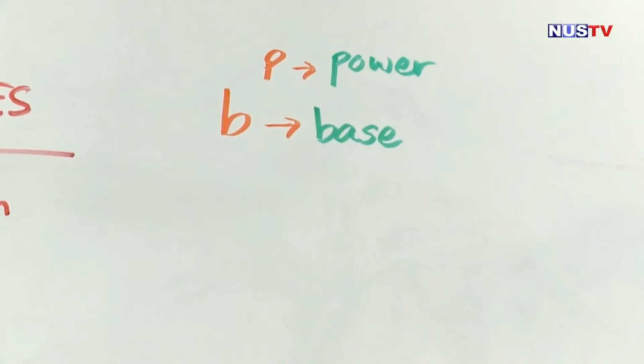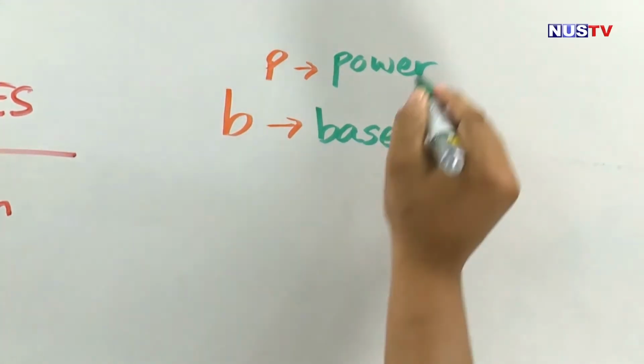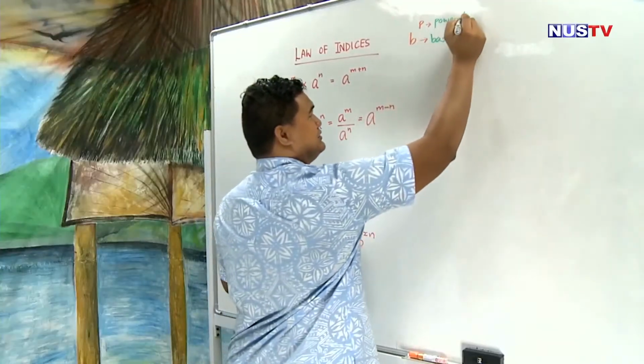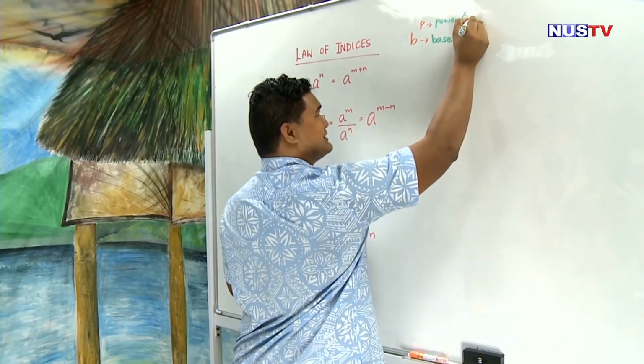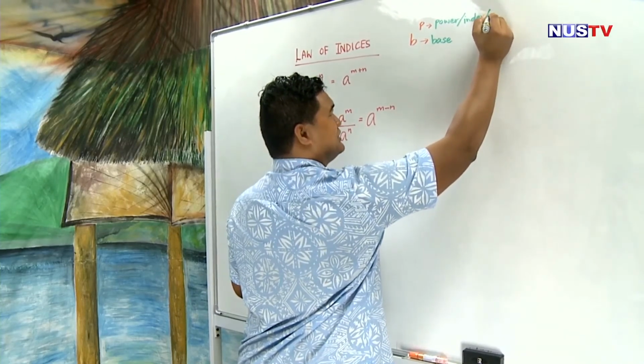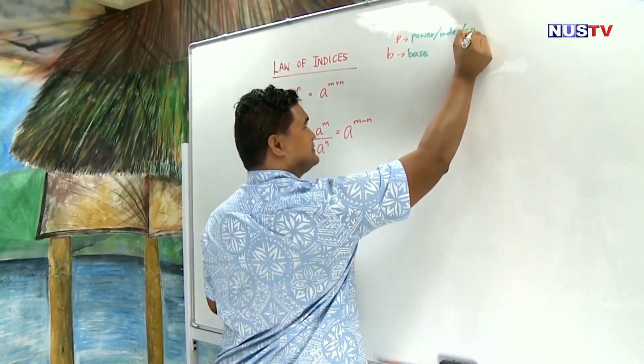Okay, so please remember, law of indices is also known as laws of powers, laws of index, or what we call the law of exponents.